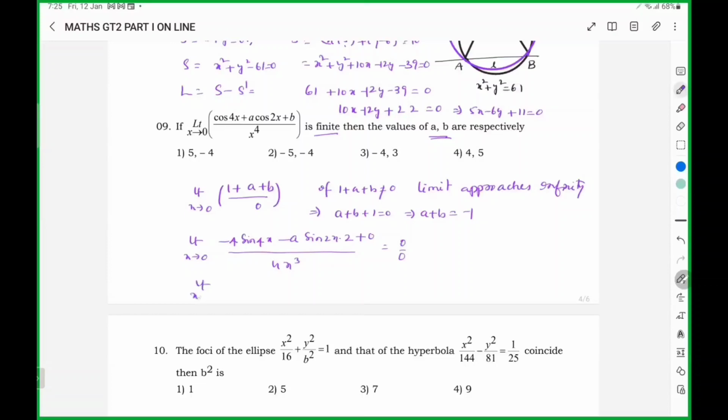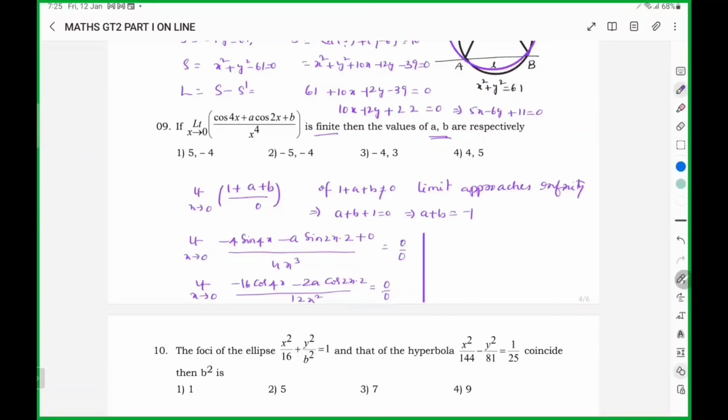So again, if I apply L'Hospital, cos 4x, 2a cos 2x into 2 by 12x squared. So it should be of 0 by 0 format for the limit to be finite.